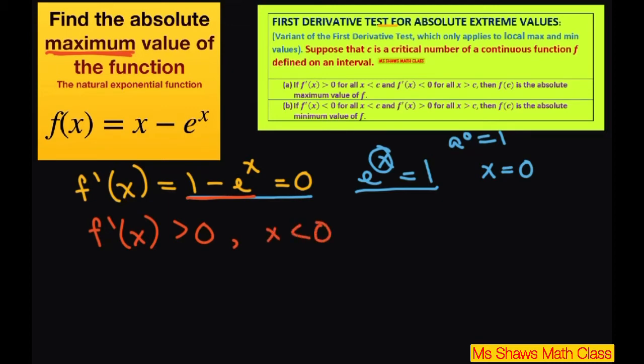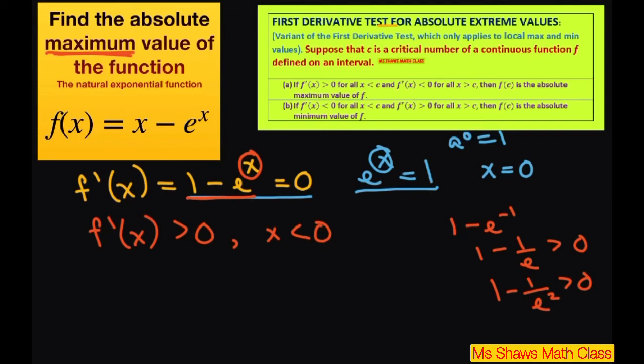So if I put in negative values here, for example, negative 1, you get 1 minus e to the negative first power. So that's 1 minus 1 divided by e. All right, so that means this is going to be positive. If I plug in negative 2, that's going to be 1 minus e squared, and that's going to be positive.